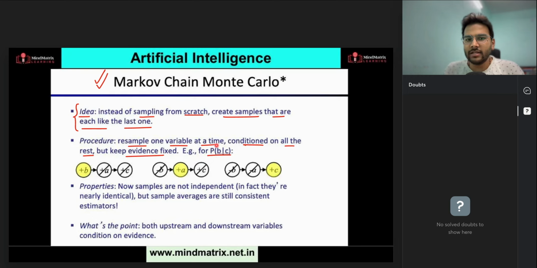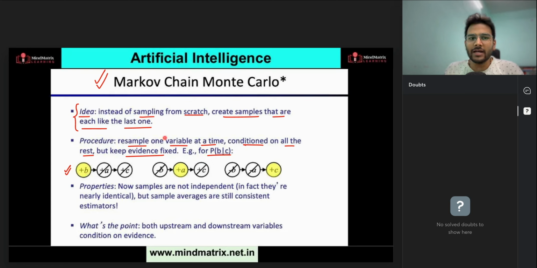Let's understand this example. Let's say you are trying to find out the probability of B given C. So what is the evidence here? The evidence is C, right? Now if you consider this particular Markov chain, let's say this is a particular sample that you have. Carefully see this. What do you have here? Plus B, plus A, plus C.